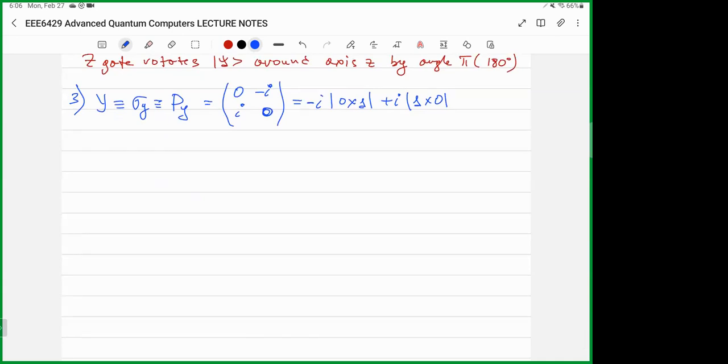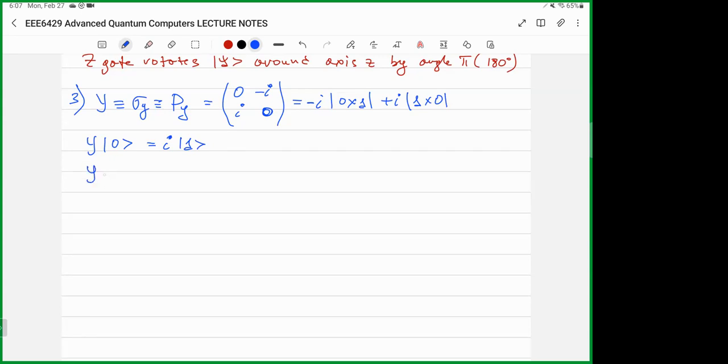Let's figure out what this Y gate does. Let's again take the 0 state, and after application of this Y gate I'll get a change of phase represented by this imaginary unit and the state 1. So it flips the state and also adds this phase factor.